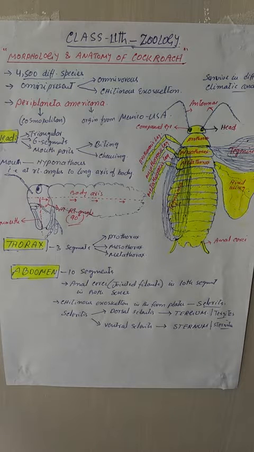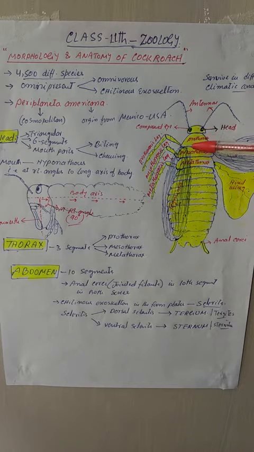So far their external morphology is concerned, here you can see in this sketch, the body of the animal is divided into three distinct parts known as head, then thorax, which is composed of three segments known as prothorax, mesothorax, and metathorax.